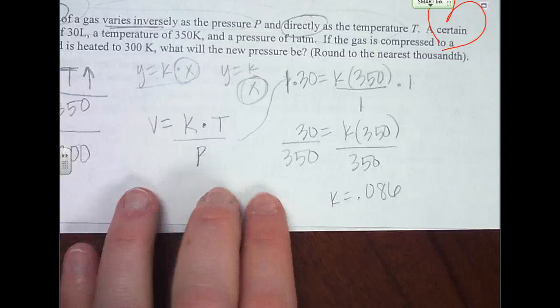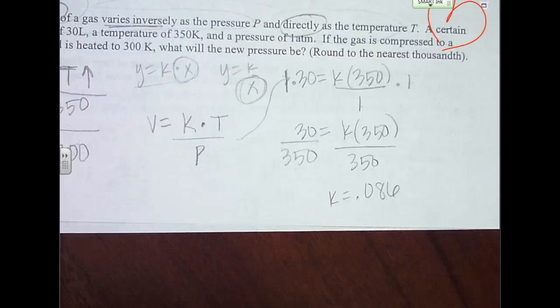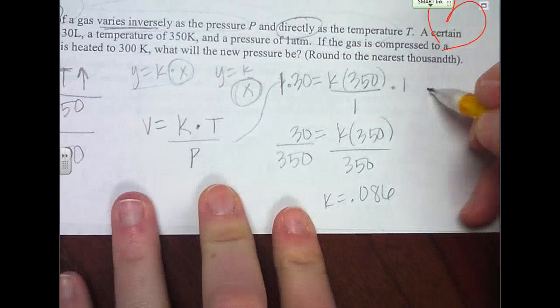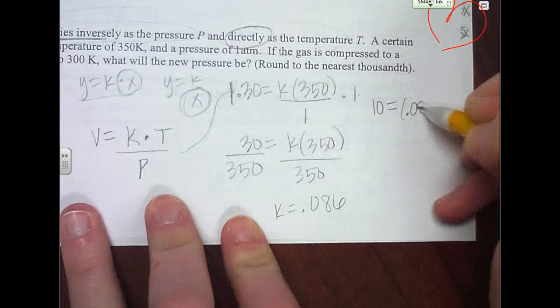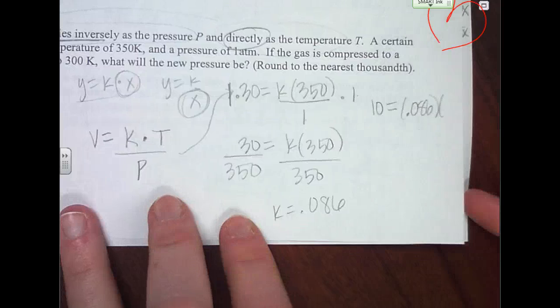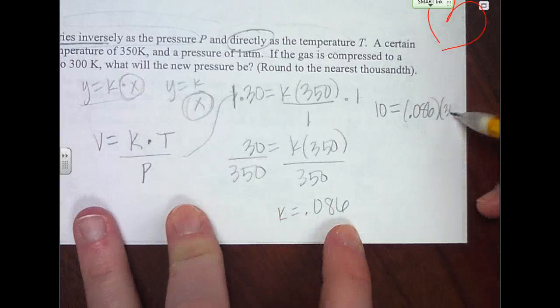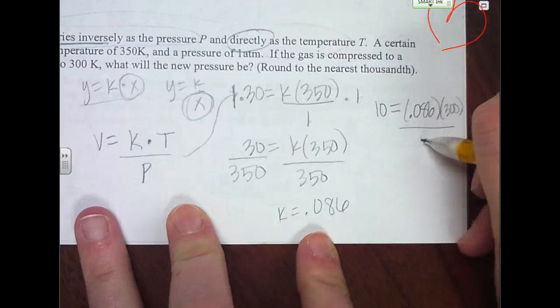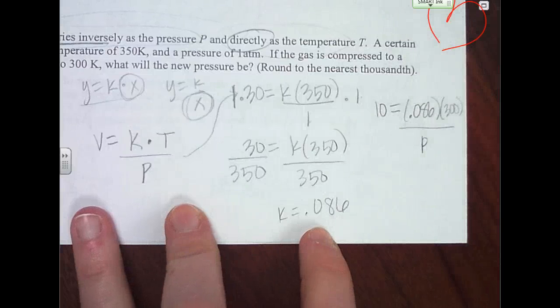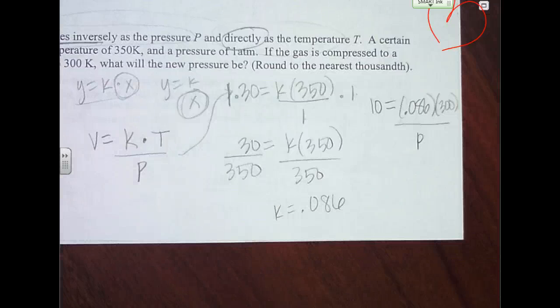Okay, and then we plug in everything to find the P. So now our new V is 10 equals K 0.086 times temperature 300 divided by P. How do you get that P out of the denominator?